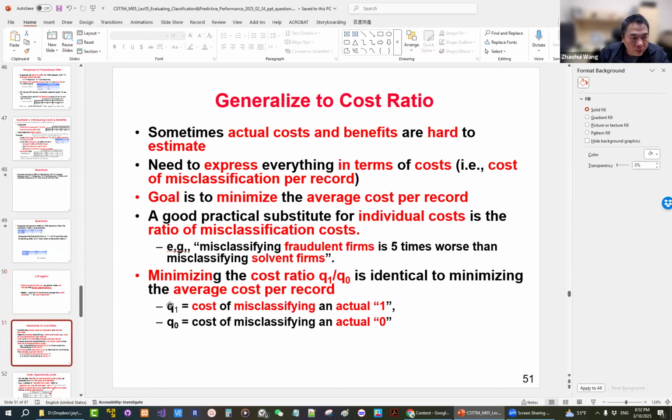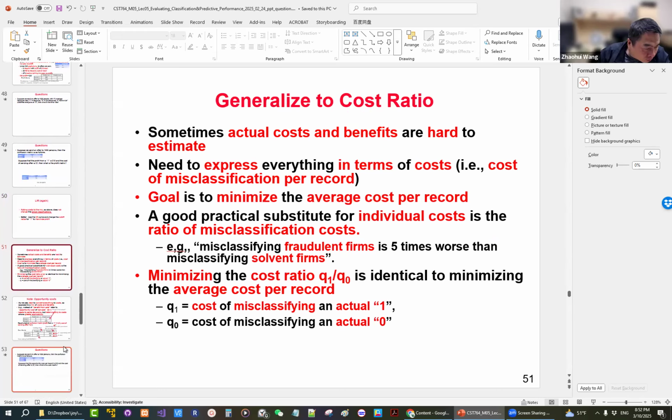Here we discuss the generalization of the cost ratio.